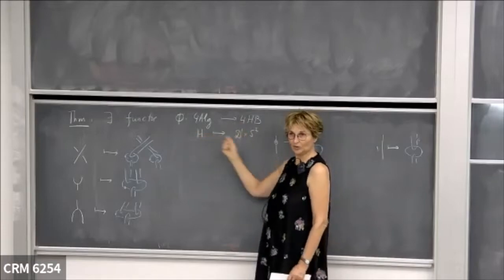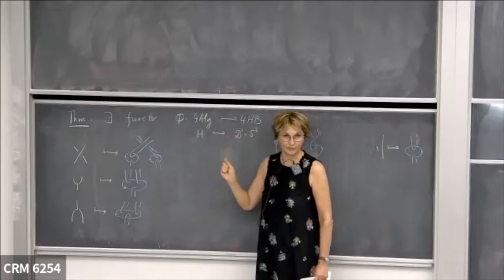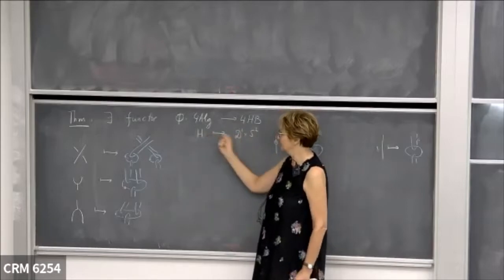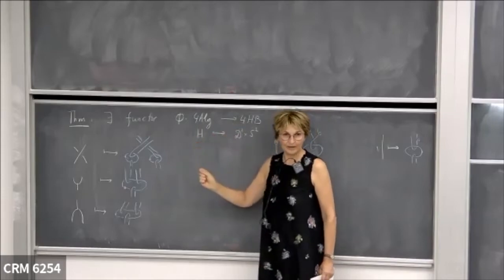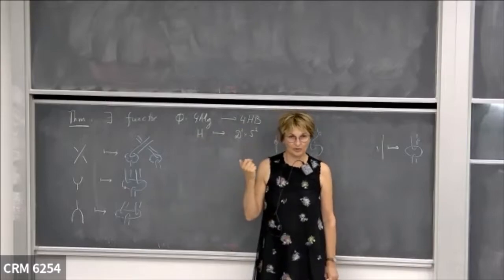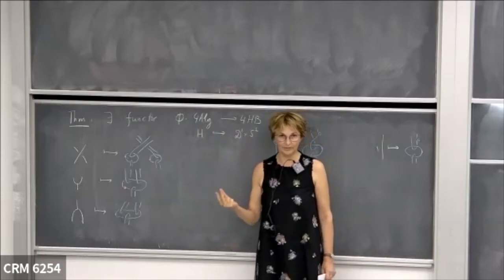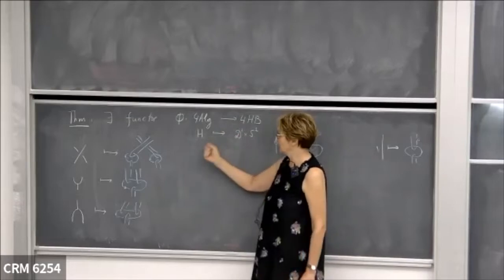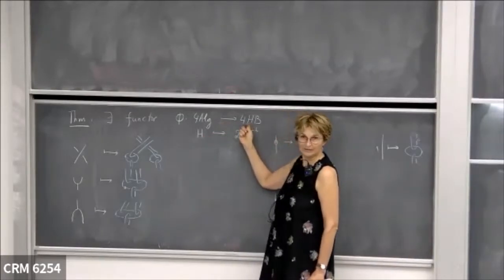I'm trying to show that this extends to a functor. To extend it, I need to define this map on all structure morphisms of this algebra. Remember, first of all, this is a braided Hopf algebra, so it has multiplication, co-multiplication, unit, co-unit, and braiding. All these structure morphisms I have to send to some Kirby tangles.